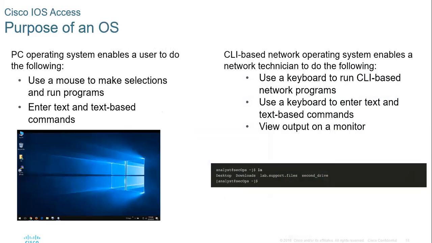The CLI-based network operating system enables a network technician to do the following: use a keyboard to run CLI-based network programs, use a keyboard to enter text and text-based commands, view output on a monitor. So this is the difference between Windows and CLI-based operating systems.